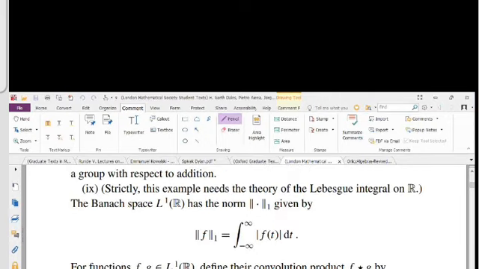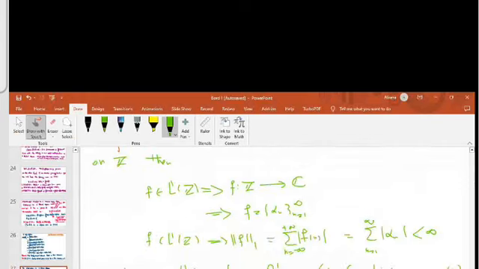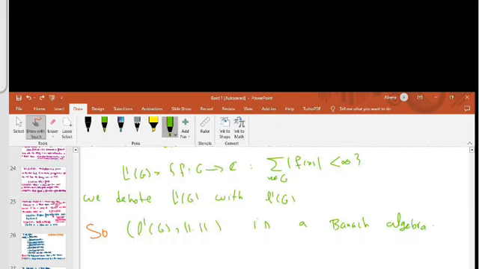For this example, as a corollary of our general example, let G equal real numbers with ordinary addition as operation.